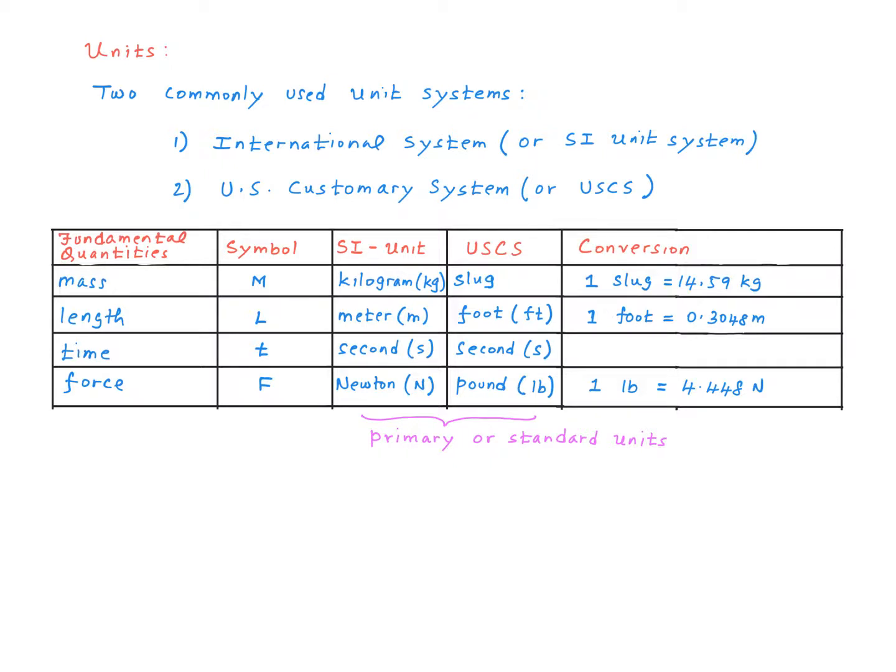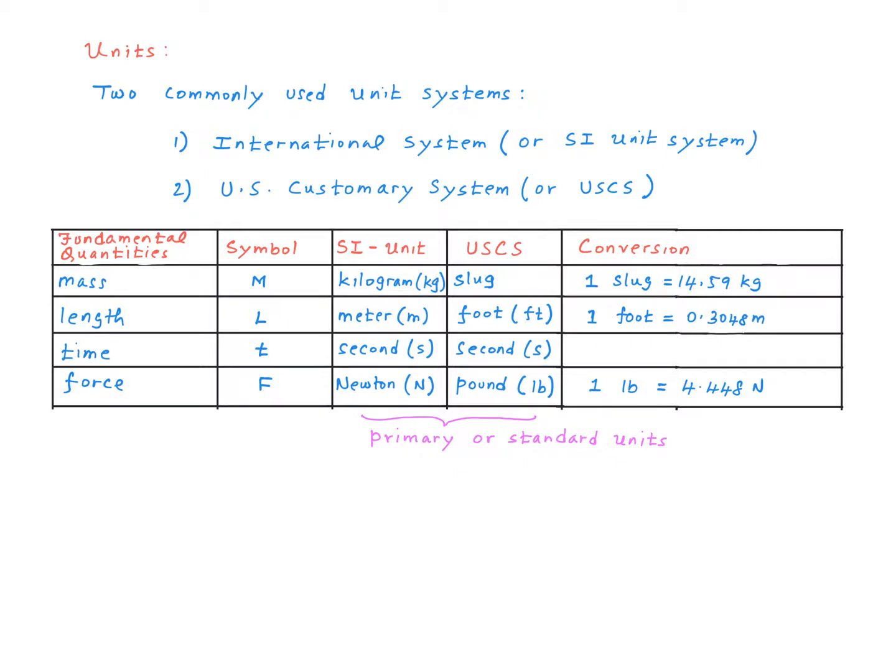For example, length can be measured within the SI unit system using millimeters, centimeters, meters, kilometers, and so on, right? So what I have listed here are the primary or standard units. In the SI unit system, we use kilograms for mass, meter for length, second for time, and Newton for force.